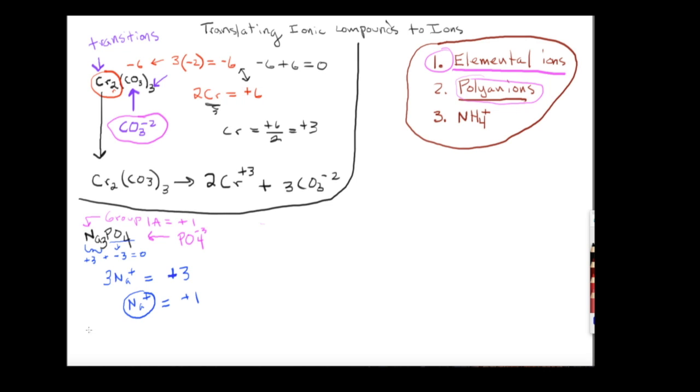So now when we write the ionization equation for this, the chemical equation that shows how these ions separate, it's going to be 3 Na pluses plus PO4 minus 3. That would be the correct ionization equation. So I'm going to go up here and make sure to label this.